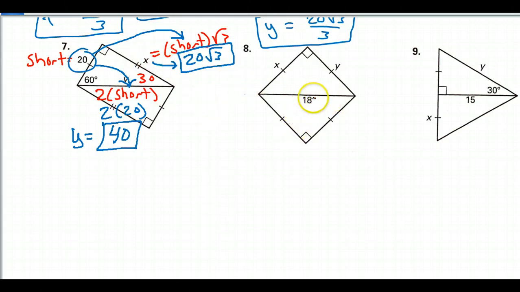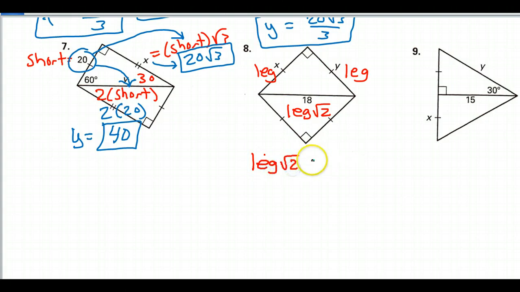Okay, number 8. See that 18? So this is leg, and leg radical 2. See how the 18 is in the same position as the leg radical 2? That means that leg radical 2 has to equal the 18.